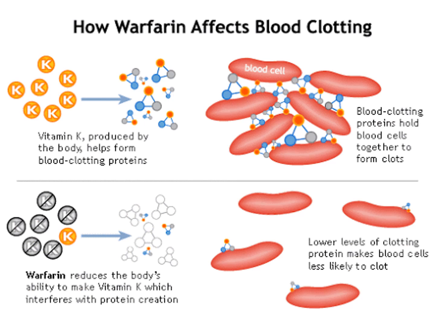Okay. So if you have a product like warfarin or an anticoagulant, it actually reduces the body's ability to make that vitamin K. So you have a problem with vitamin K production, so you're unable to create those blood clotting molecules that help stick the blood cells together. Okay, so you're unable to make fibrin, and the fibrin sticks the blood cells together.